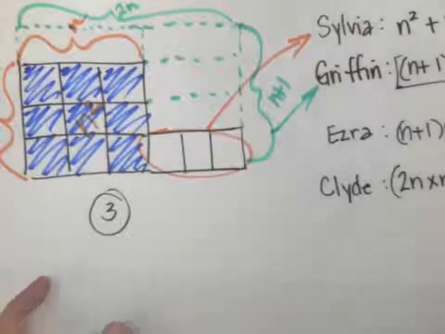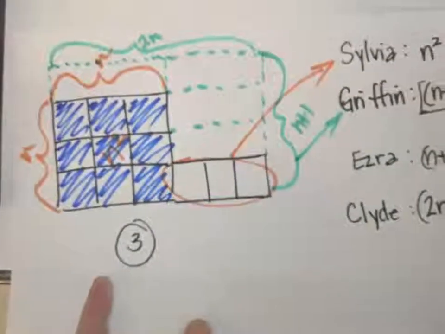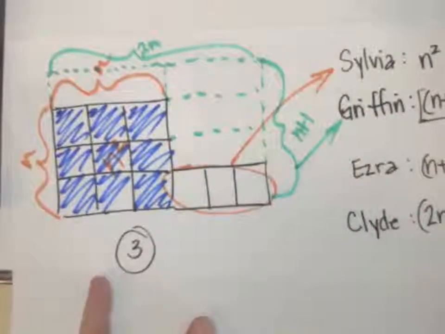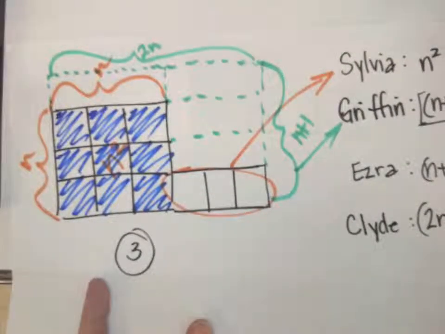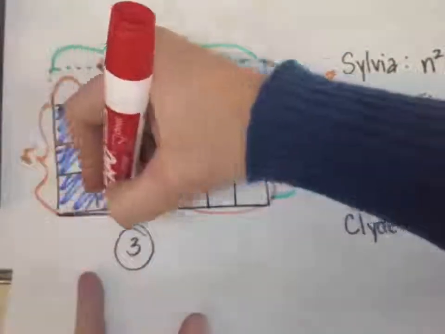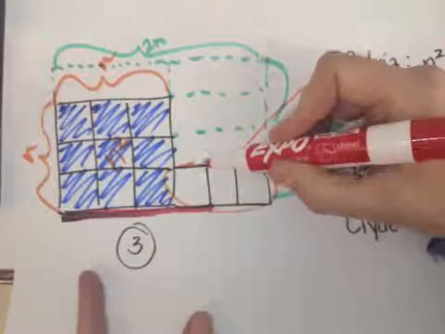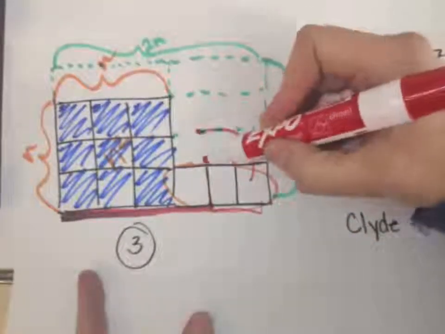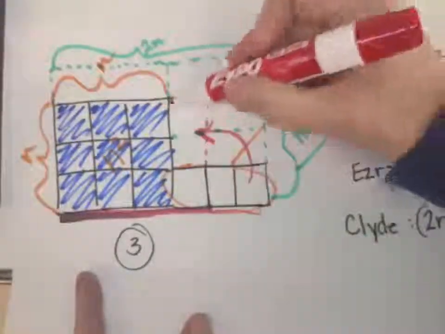Ezra did n plus 1 times n. He took this little chunk, the red right here, and moved it up here, so it turned and filled in this spot.